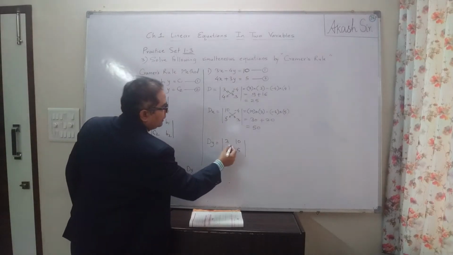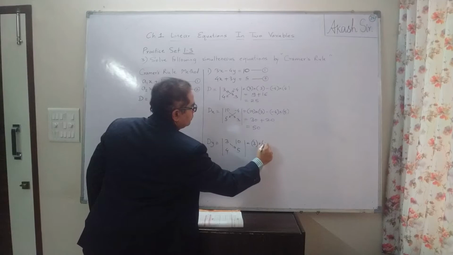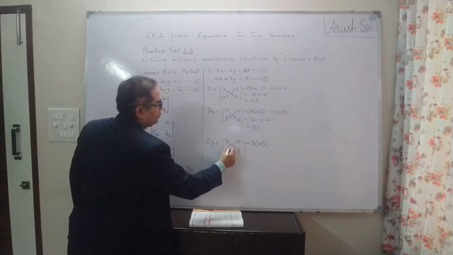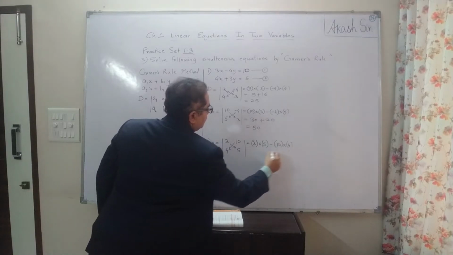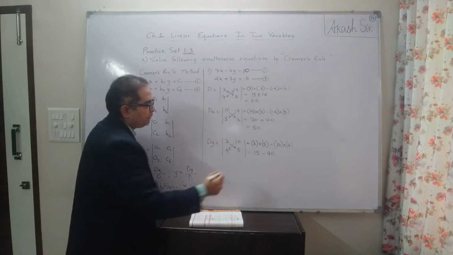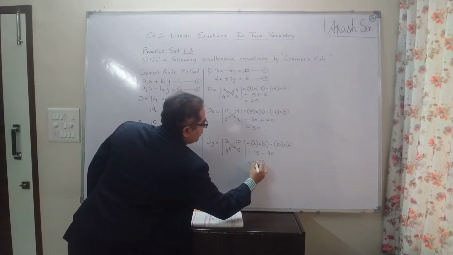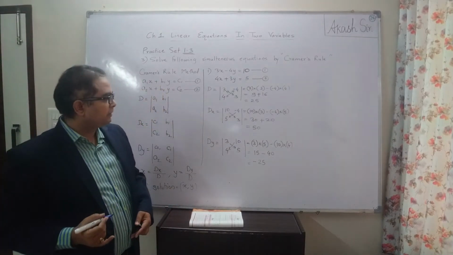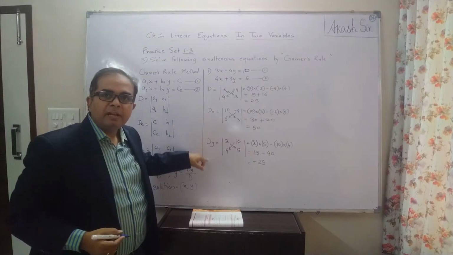So solve this. 3 into 5 minus 10 into 4. 3 5s are 15, 10 4s are 40. 15 minus 40: 40 minus 15 is 25, bigger number's sign is minus, so minus 25. Understood this? So we got the values of D, Dx and Dy.